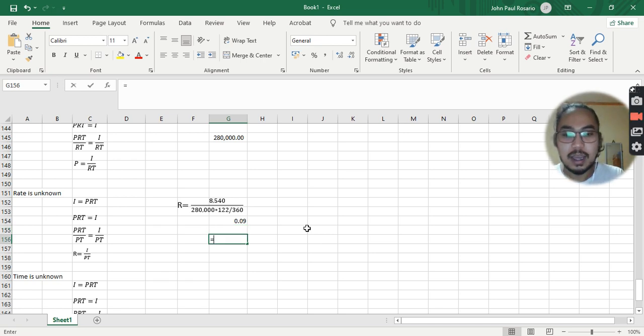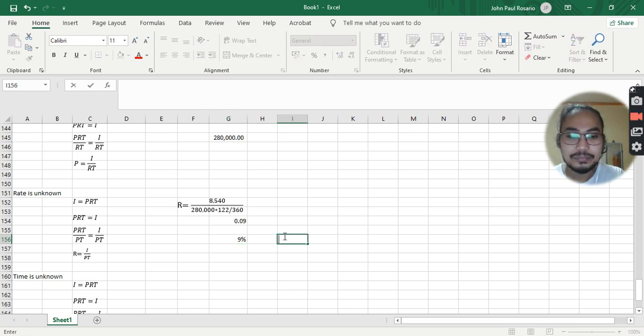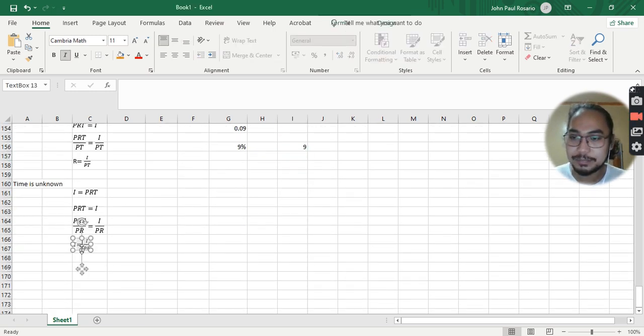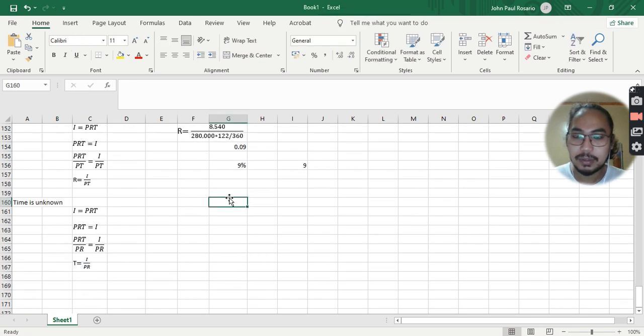So 0.09 multiplied by 100 will give you 9, so 9%.